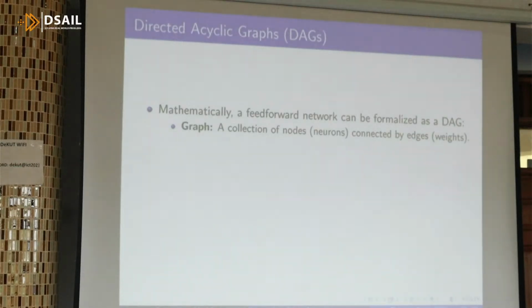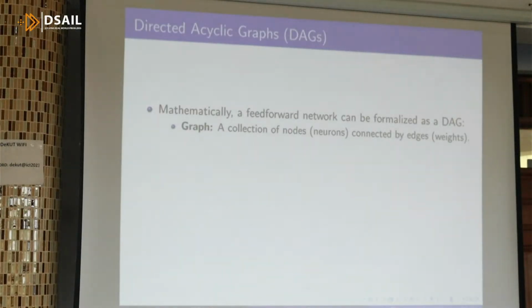Okay? And the other thing is that mathematically, this feed-forward network or multilayer perceptron can be formalized as a directed acyclic graph. All right, so you might not be familiar with graphs, but basically a graph is a collection of nodes and edges, where the nodes are connected together by edges.